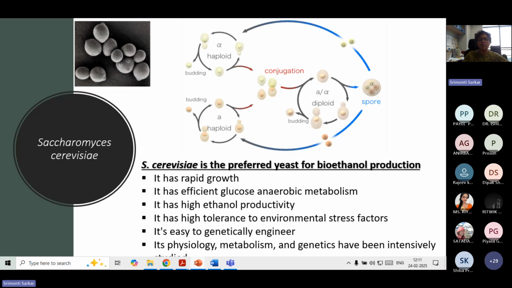And on top of that, because of its ability to grow rapidly, and because it has a very simple genome, all of this meant that starting from the early parts of the 20th century, researchers have been using yeast as a model organism to understand biology in general.